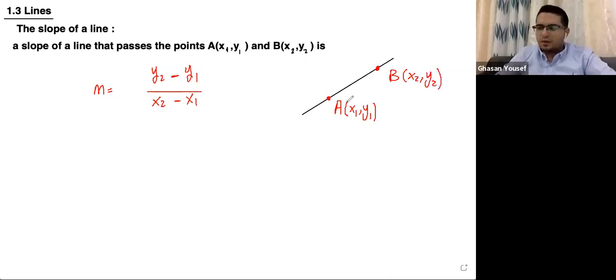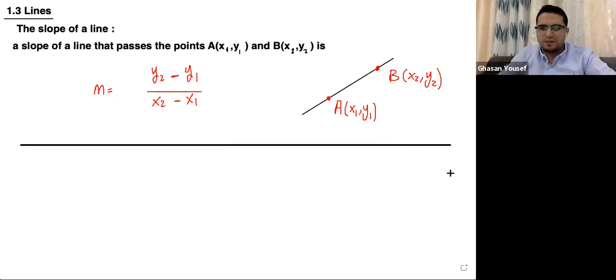Okay. Now I also give some brief of the slope of the vertical line. What is the slope of the vertical line? Anyone remember what we said last time? What is the slope of the vertical line?